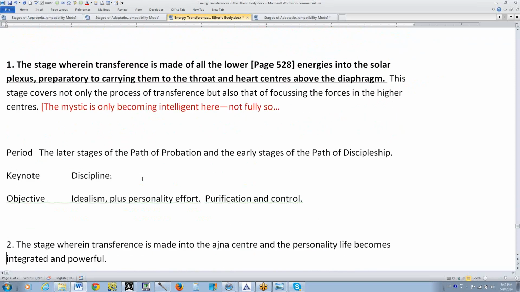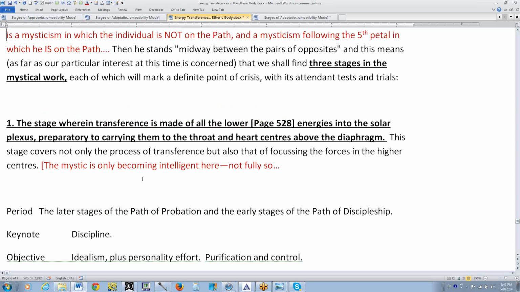The later stage of the path of probation and early stage of the path of discipleship. The keynote is discipline. The objective is idealism plus personality effort, purification, and control. All right, now I think I wish to maybe take back what I've said here.